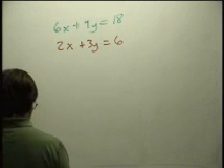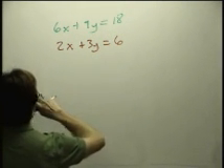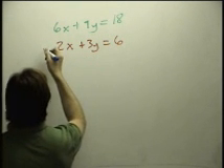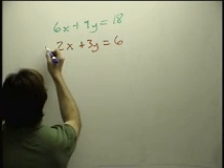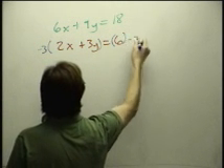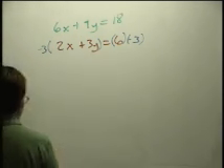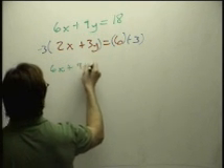If we try to solve this system, it's nicely set up so that we can apply the elimination method. So we're going to go ahead and multiply by a -3 on both sides. What's going to happen is our first equation will stay the same.